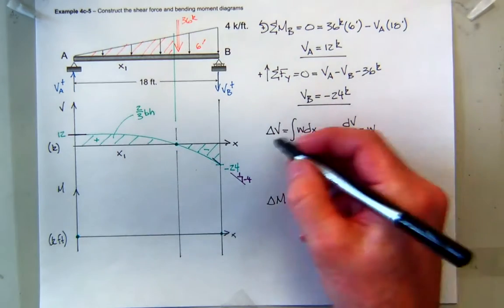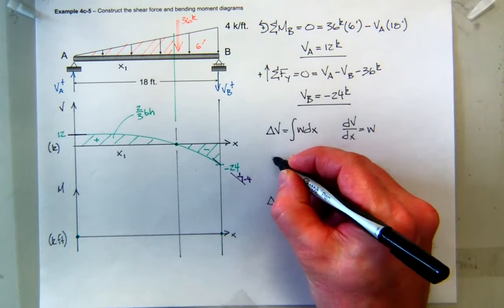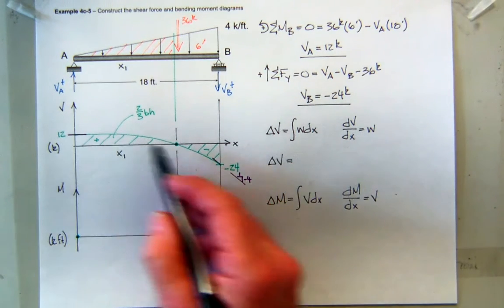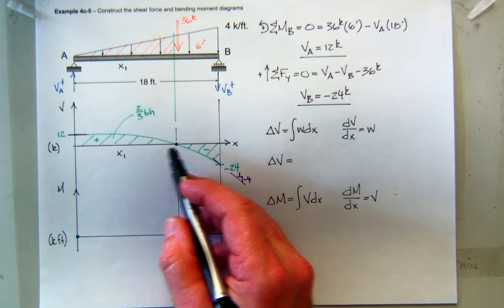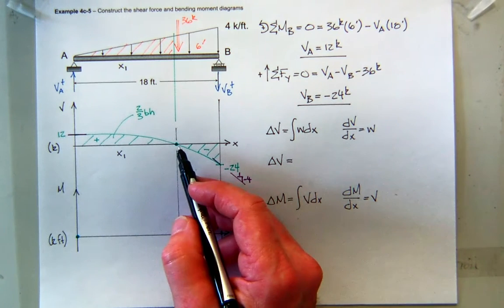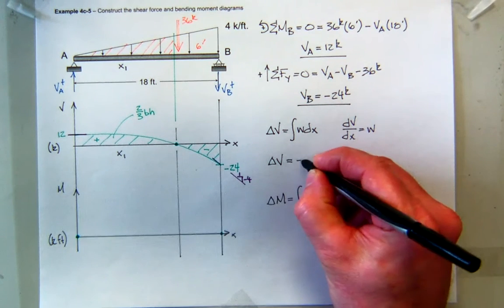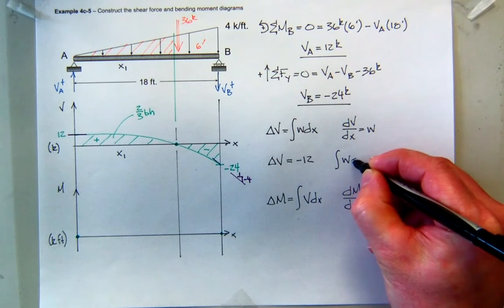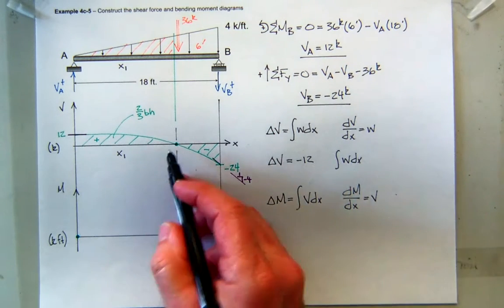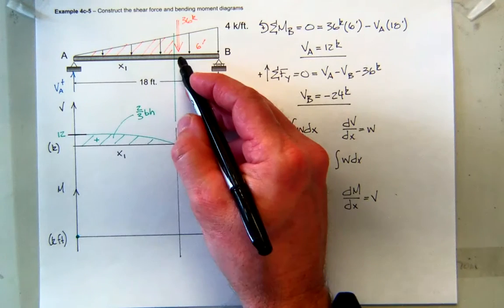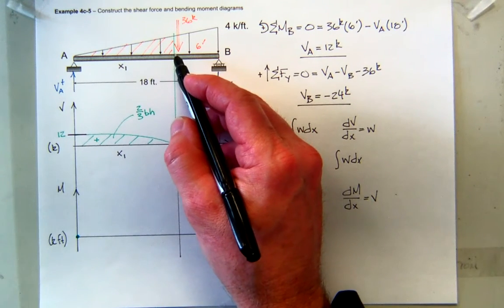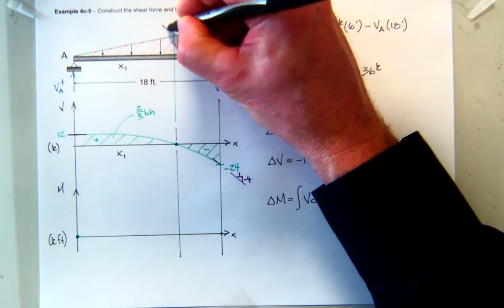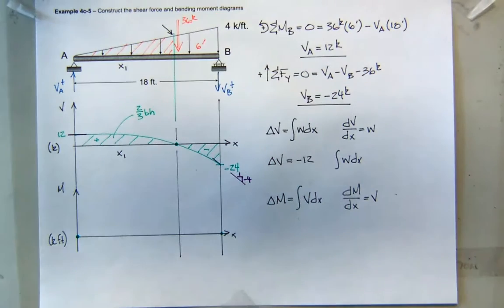So according to my scheme here, the change in shear is what? What's the change in shear from here to here? I start at 12, I end at 0, so the change in shear is minus 12. What's the area under the load curve on that same distance? It would be this area here, which is 1/2 base x1 times height. Ooh, what's the height there?